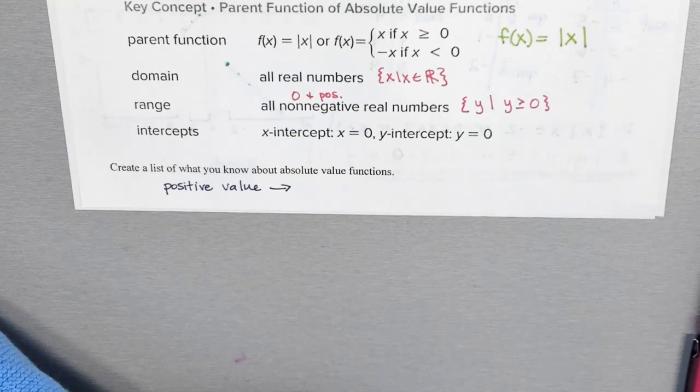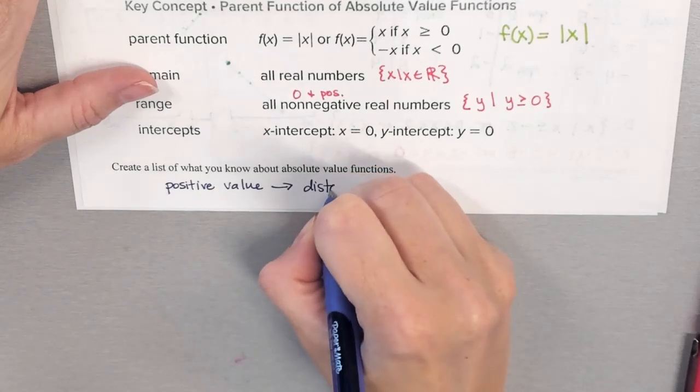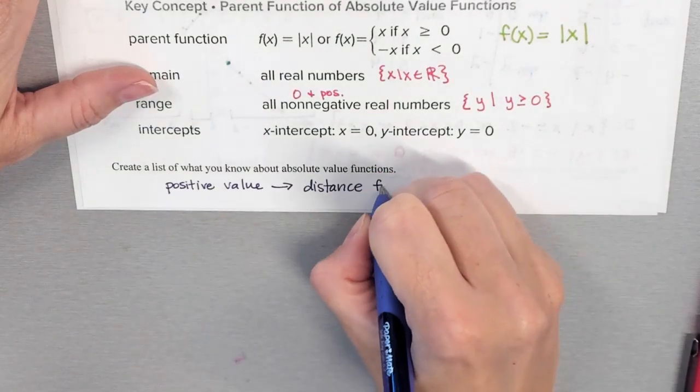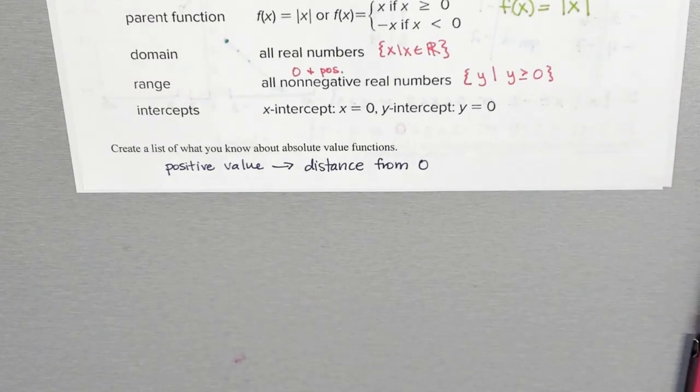I know, but it measures something specific. It's going to be the distance from what? 0. Okay, so the distance from 0 is why it's positive, because your distance is always going to be positive. That's why the negative and the positive values are going to be the same.